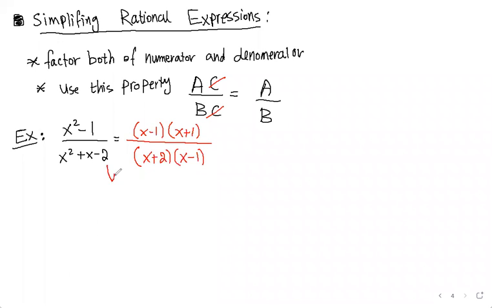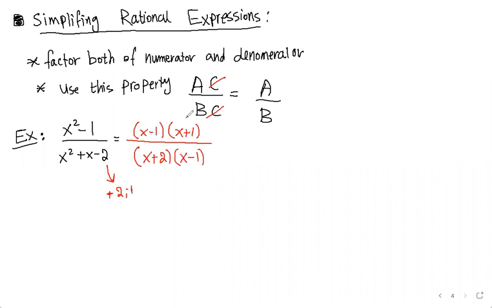Exactly. Why? He's thinking like that: which two numbers, if I multiply, give me minus 2, and the sum of these two numbers gives me 1. So positive 2 and minus 1.